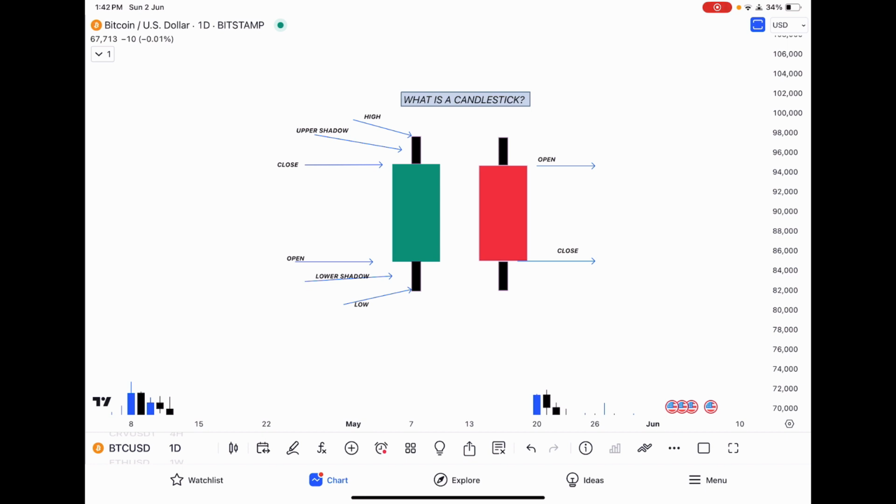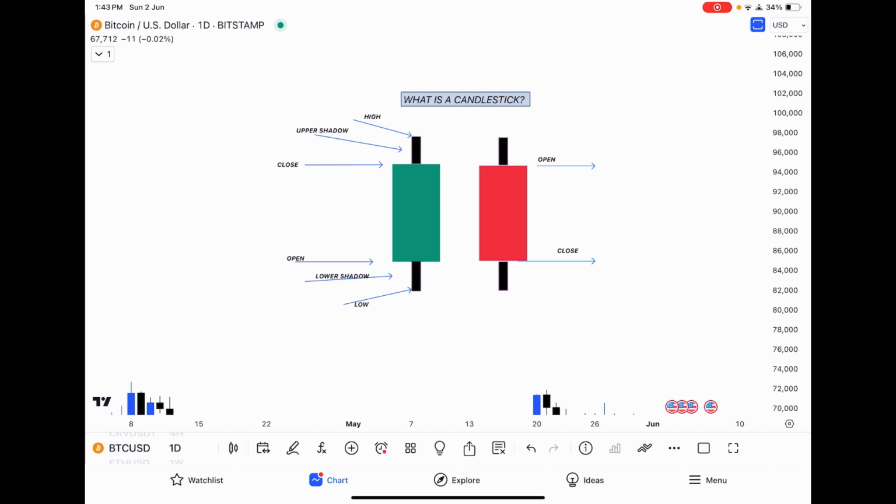So basically, what did the price do? Price was bullish today because the candle was green. When you go into a lower time frame, you will see many candles, but the overall direction today was bullish. That's what a candlestick says.